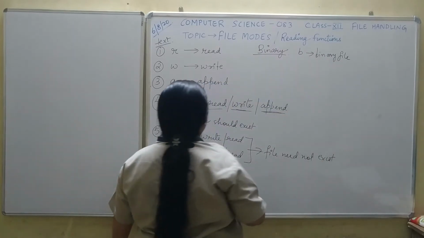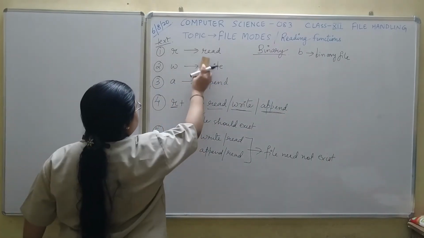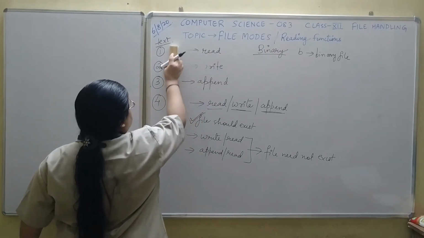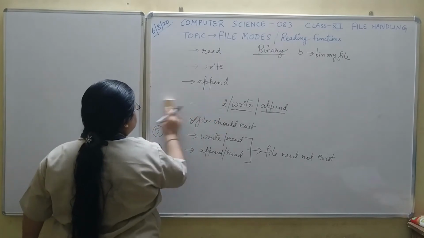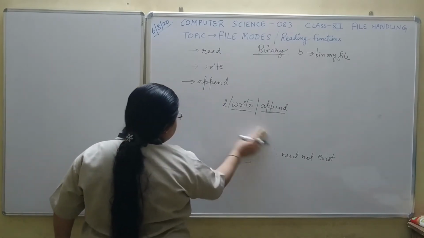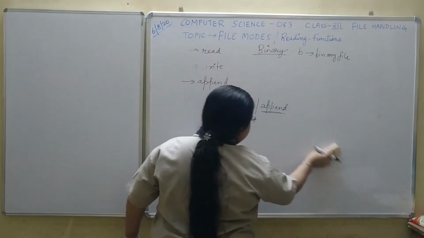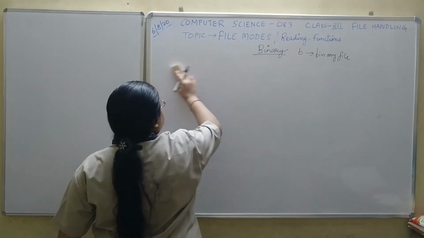So how is B added? So there it would just become like this. Let me just remove all this so that I could give you the final list of all the file modes which could be used with a binary file, because later we will be studying about binary files also.